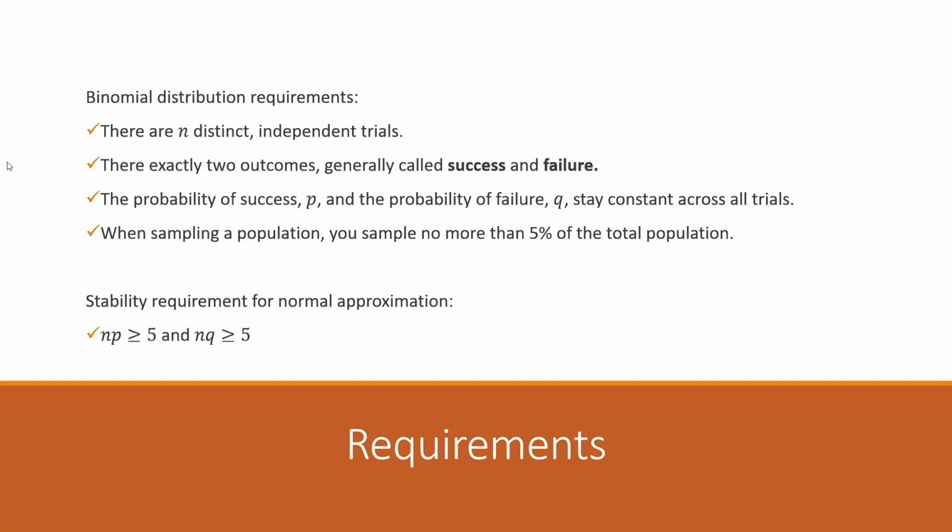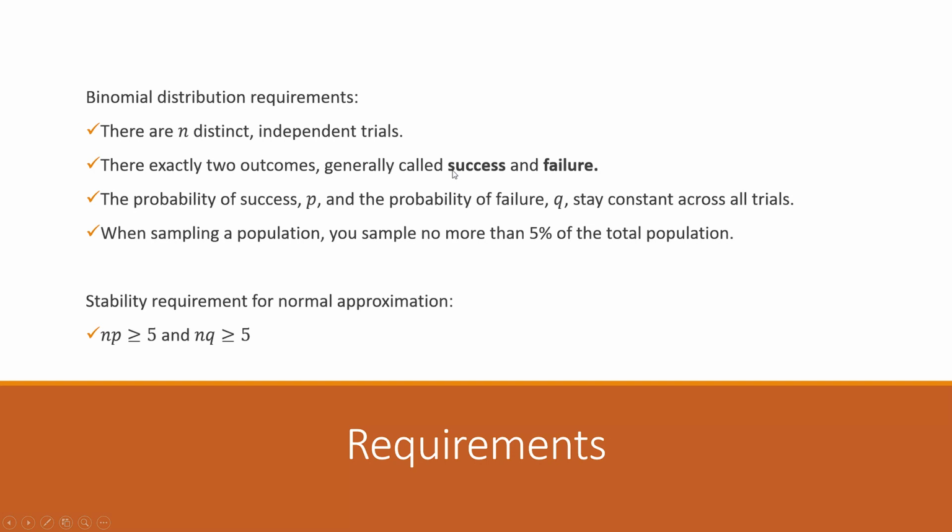So a few things to remind you about. You know most of this already from when we were talking about binomial distributions. In order to have a proper binomial distribution, you have to have a fixed number of distinct, independent trials. Every trial has exactly two outcomes. We'll generally call them success or failure. They're mutually exclusive.